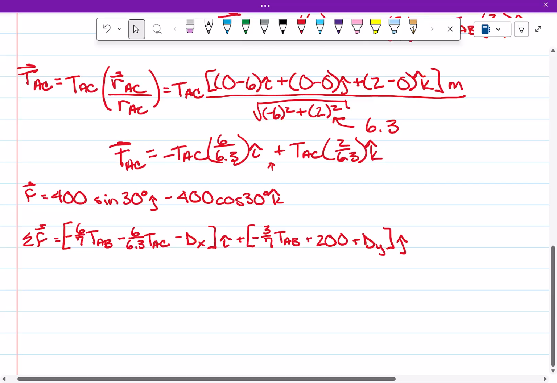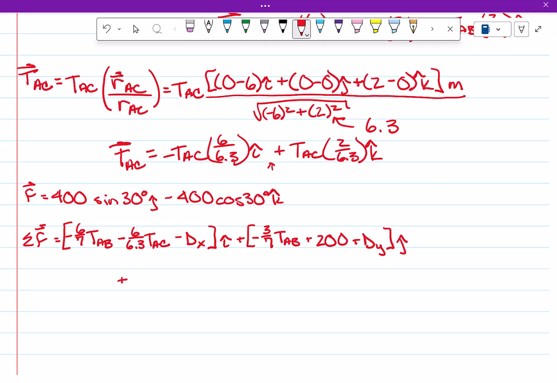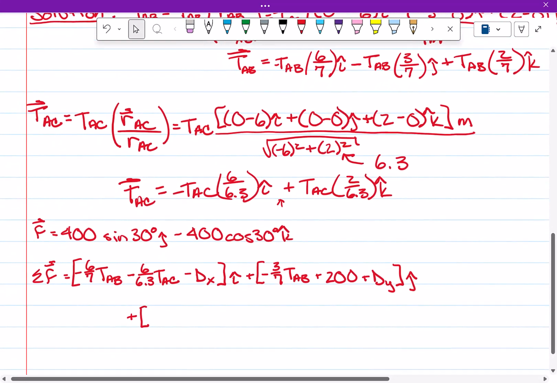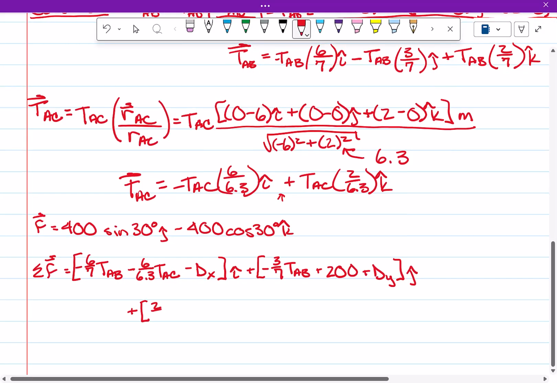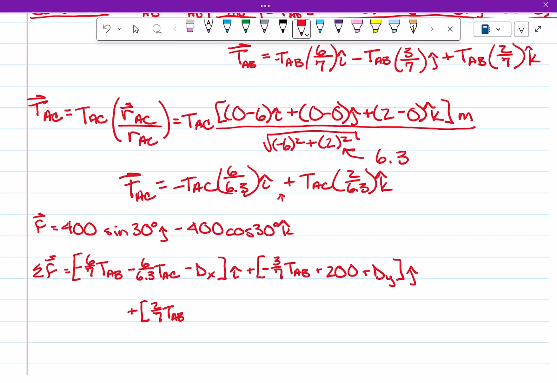Lastly, in our k component, and I'm going to put that on a separate line just because it doesn't fit there. In our TAB, we have positive 2/7 TAB. Then our tension in AC is positive again, 2/6.3 TAC.